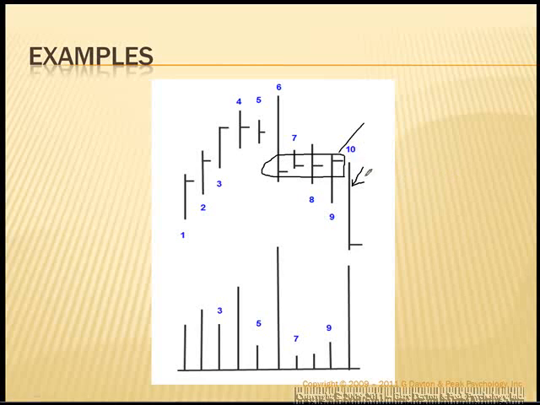Let's look at bar 10. Bar 10, again, is a widespread down bar, closing on the lows, increased volume. It's supply overcoming demand. And we can expect further downside movement from this. All right?